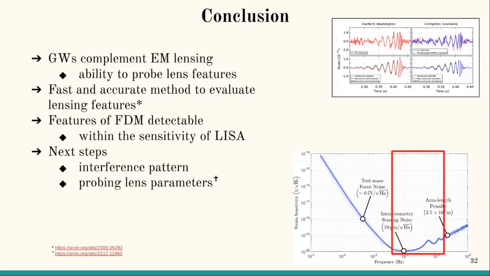And from the calculation above, we have seen that there are some features of fuzzy dark matter that LISA can detect, especially the secondary oscillations. The next step for this project would be to include the fuzziness in this fuzzy dark matter, which is the interference pattern that happens outside the solitonic core, and finally try to probe these lens parameters. And with this, I conclude my presentation. Thanks.